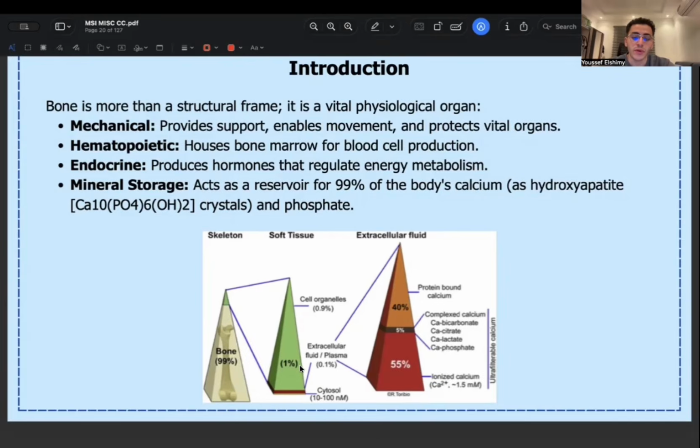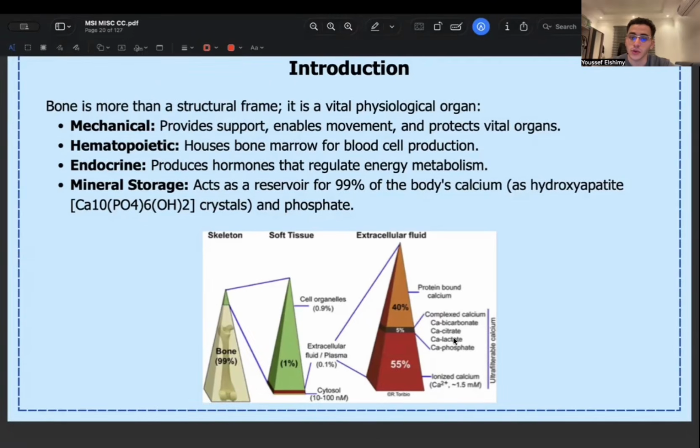And out of this 1%, 0.9% of calcium is stored in organelles, and 0.1% is found in the extracellular fluid as well as plasma. Then from the 0.1%, 55% is ionized calcium, which is the free calcium that does our physiological effects in our body.